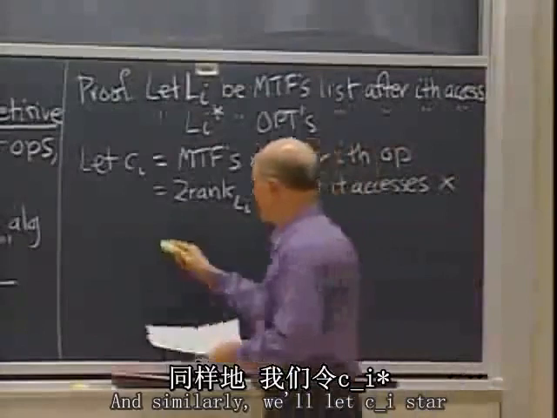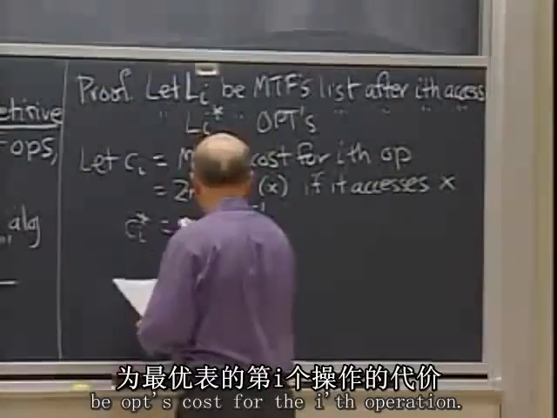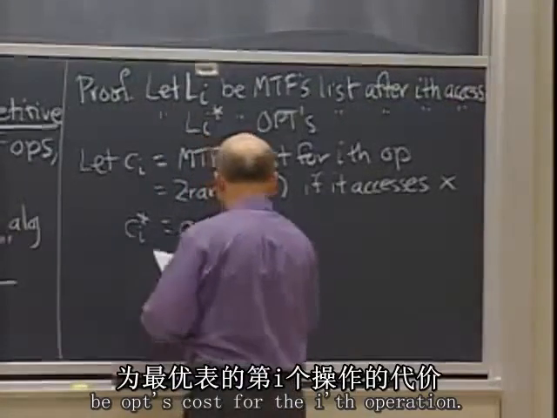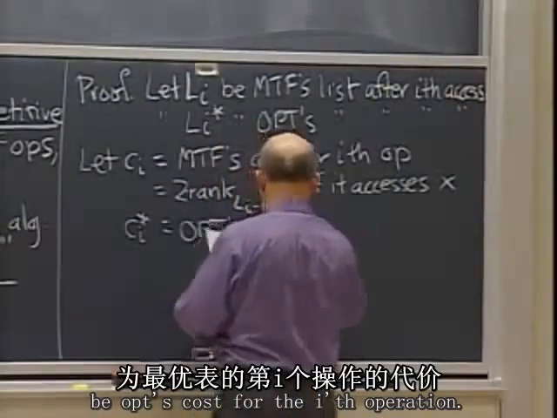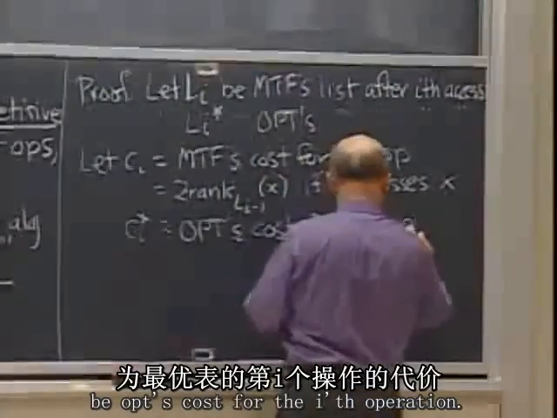And similarly, we'll let C sub i star be opt's cost for the ith operation.